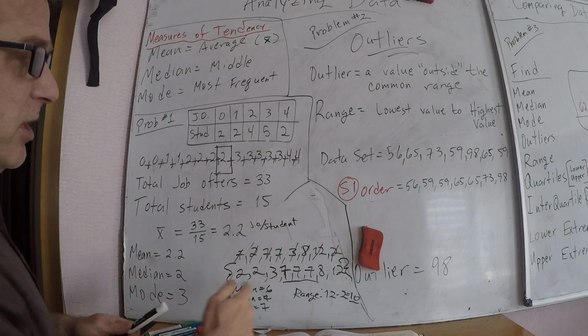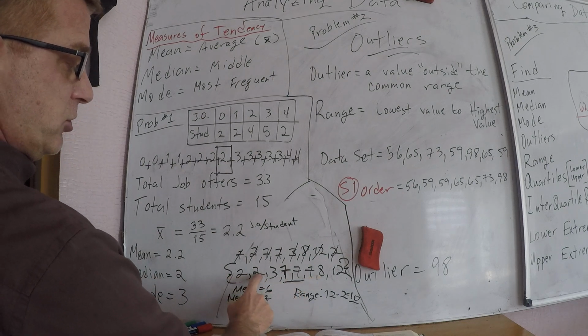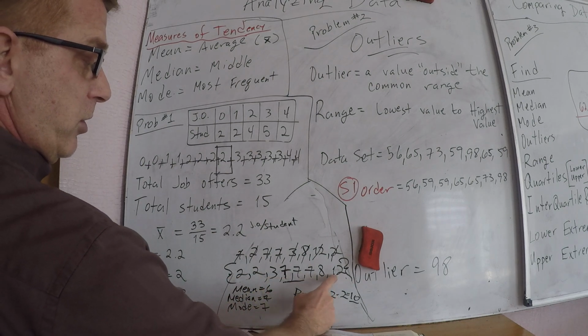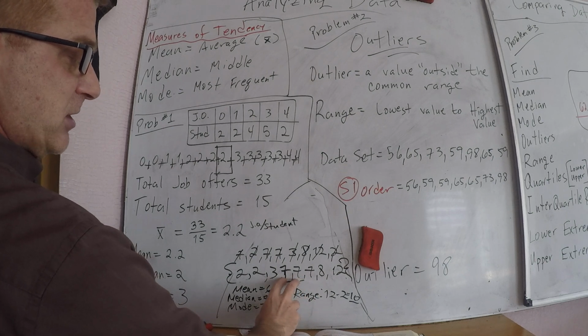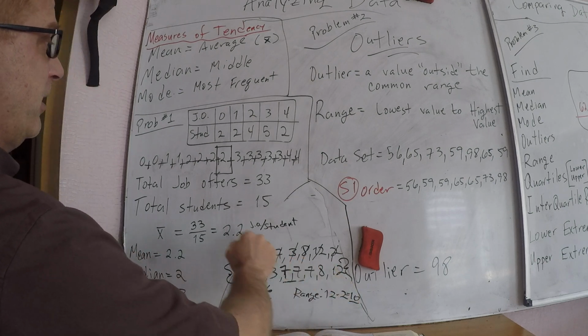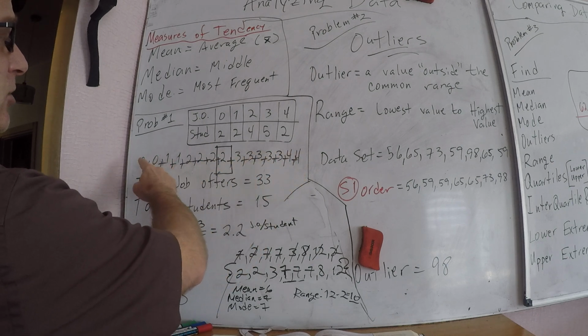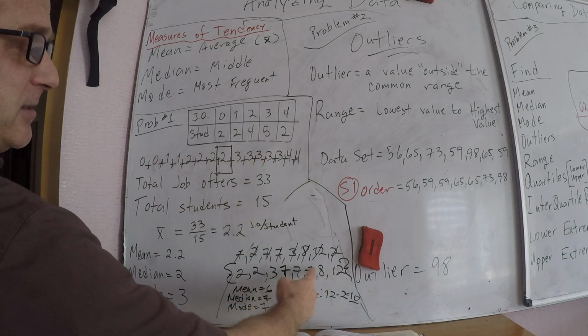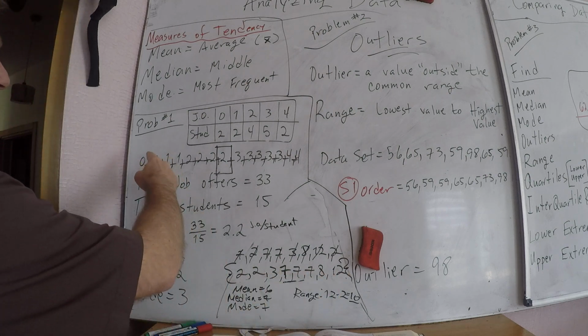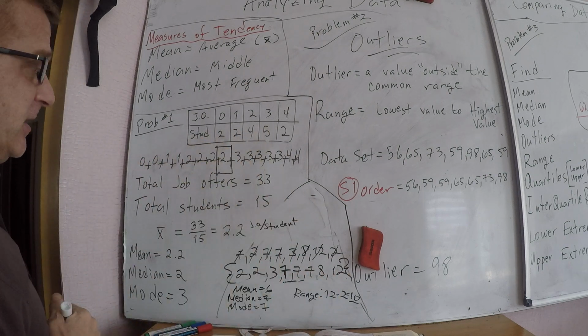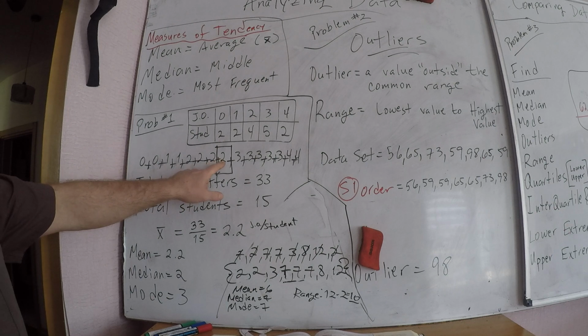Here we had 2 numbers, remember? Both of these guys. This is an even amount of data, and this is an odd amount of data. 8 students is even. 15 students, that's odd, right? So there's the middle, and there it is.